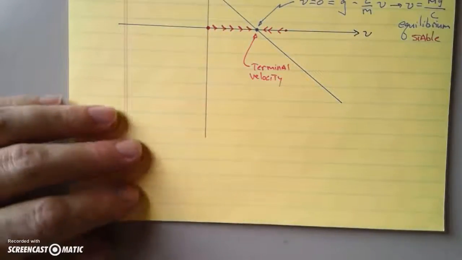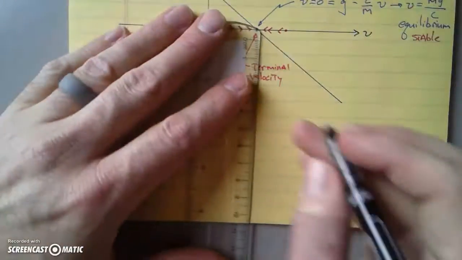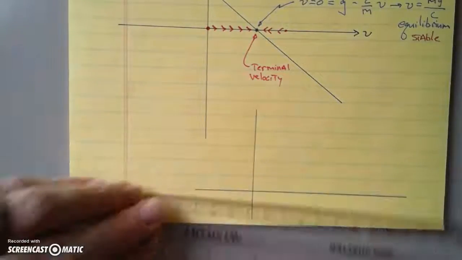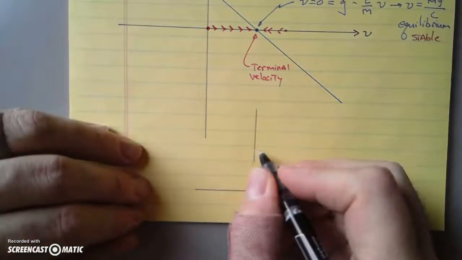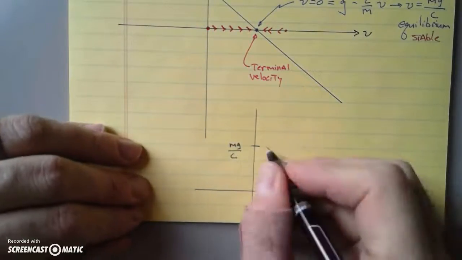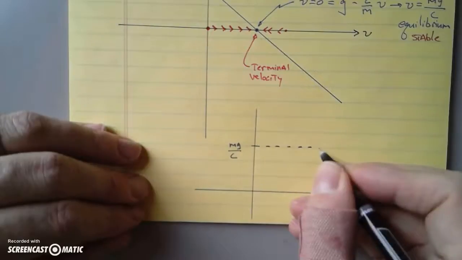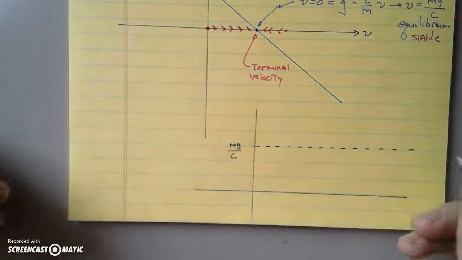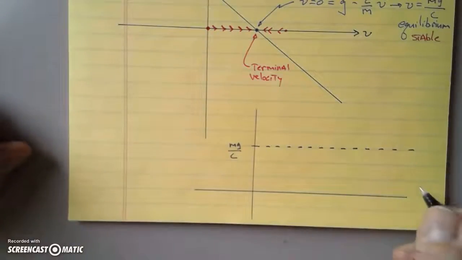So let's do that. And let's put maybe mg over c right here. That's one valid solution. If this is your speed, then it'll stay there.